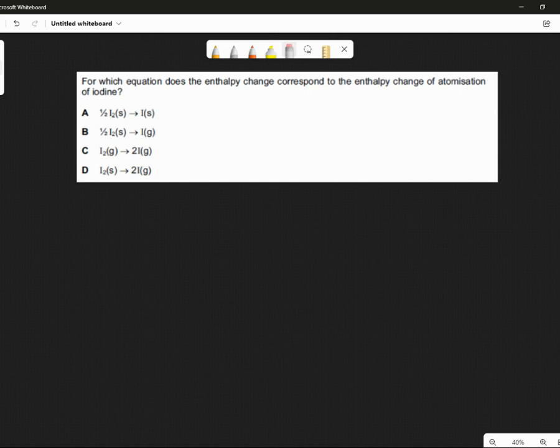First of all, let's do atomization. When we do atomization, we get 1 mole of gaseous atoms. What do we get them from? From the element in its standard state. So this is this one.